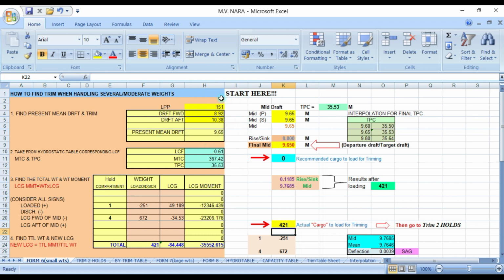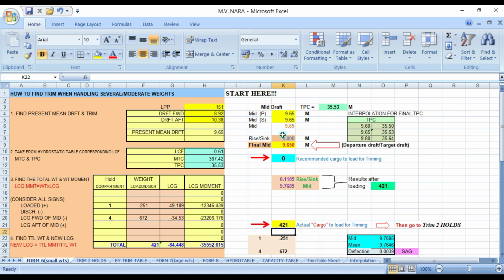As I always advise, since you have your mean drop, it is my advice that you get the actual reading of your mid drop, port and starboard. So, for example, there's no list. Your mid port is 9.65 and your mid starboard is 9.65.